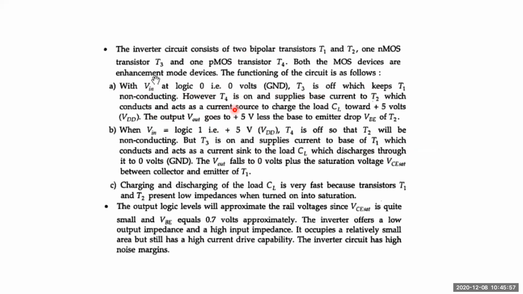What happens to T1? T1 is BJT1. The BJT1 will go into a non-conducting state, because the NMOS, which would supply the base current, is off.